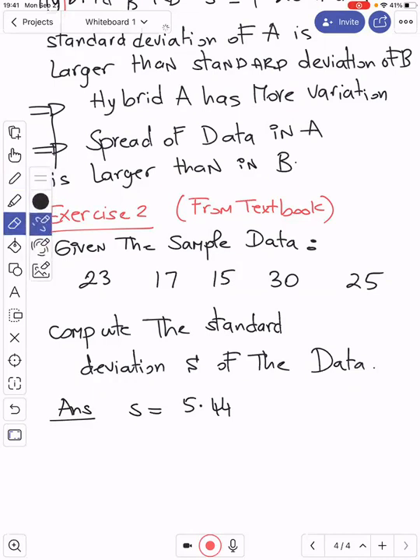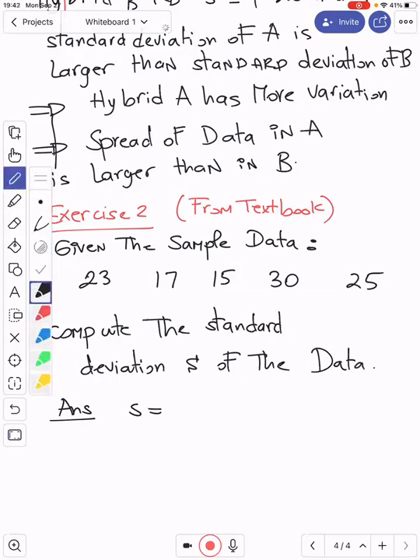Sorry, it's actually 6.08. That's a different exercise. This is 6.08.